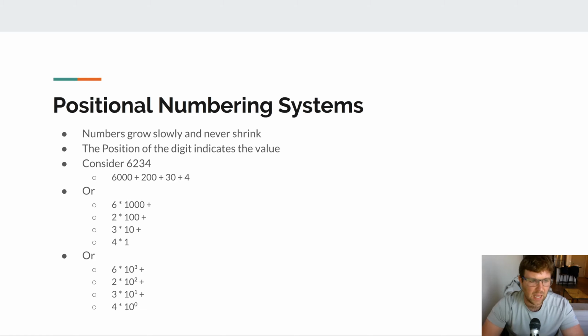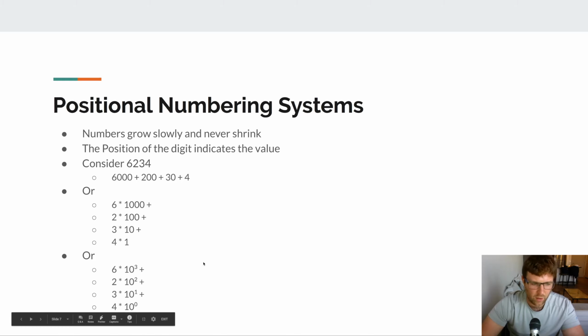A different way to look at it is 6 times 1,000 plus 2 times 100 plus 3 times 10 plus 4 times 1. Or another way to look at it is 6 times 10 to the 3, 2 times 10 to the 2, 3 times 10 to the 1, 4 times 10 to the 0, because anything to the 0 power is 1. That's really how our positional number systems work.